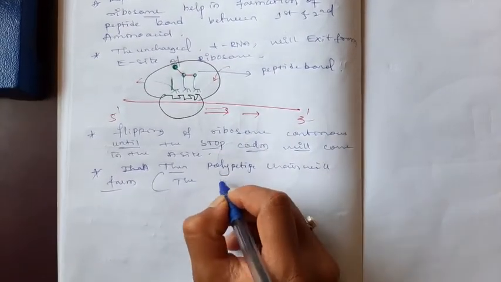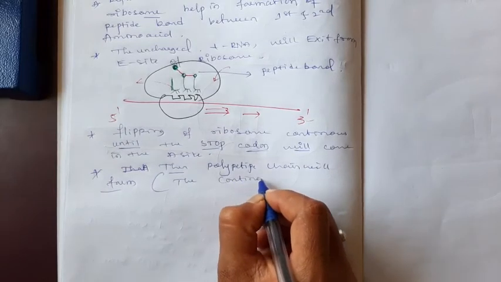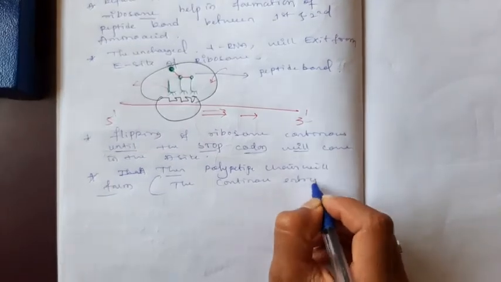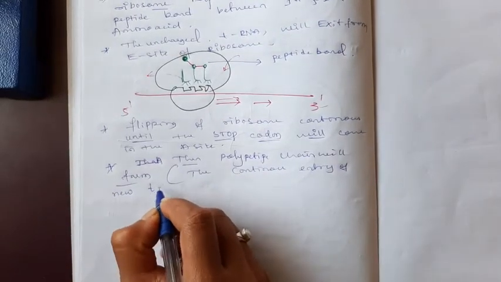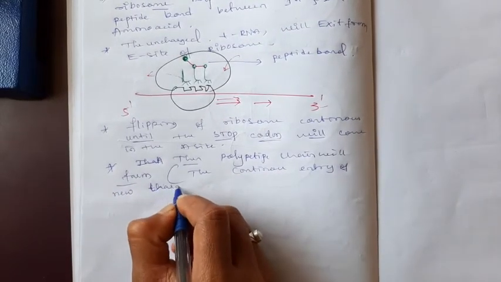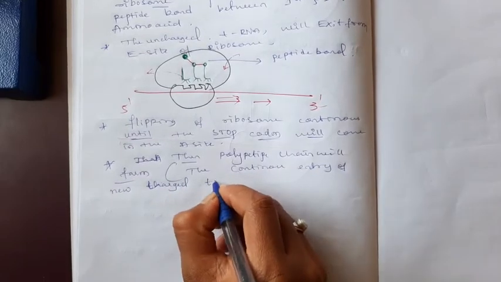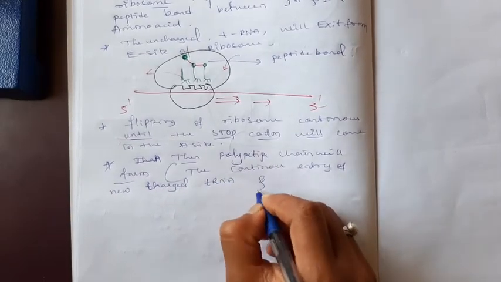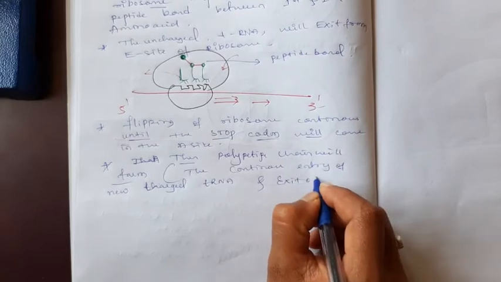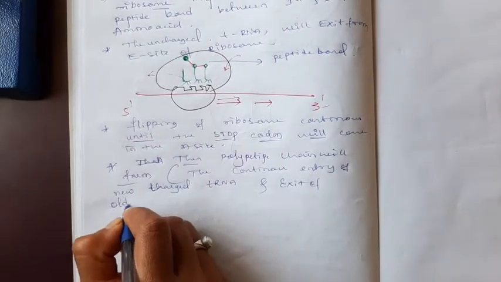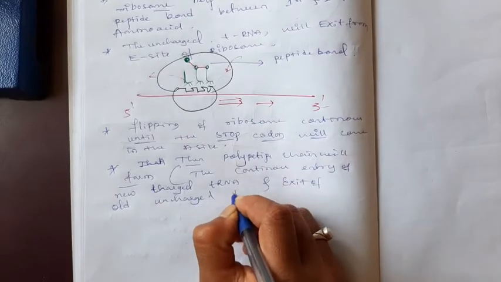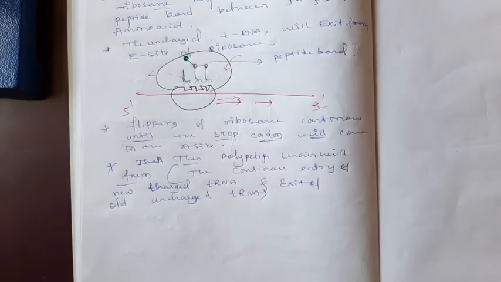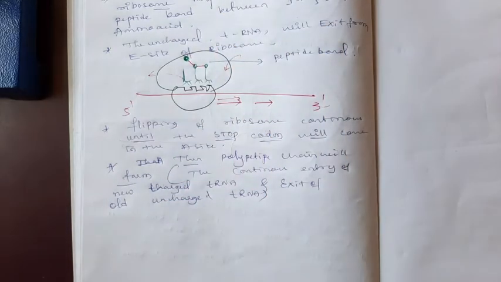The continuous entry of new charged tRNA and exit of old uncharged tRNA. Okay, this process is continuous. Okay, this is all about elongation.